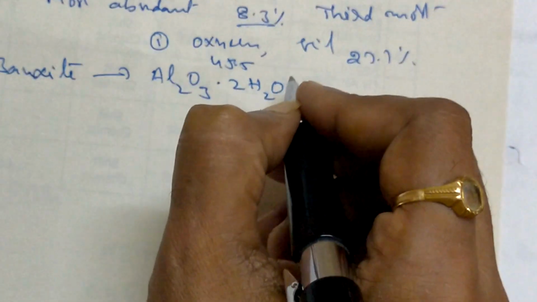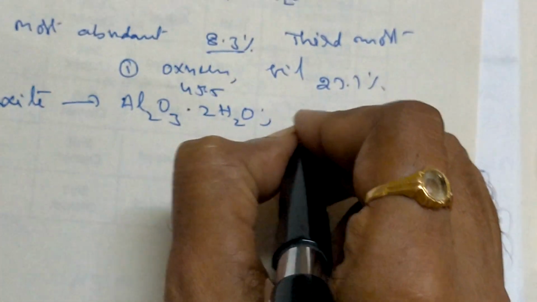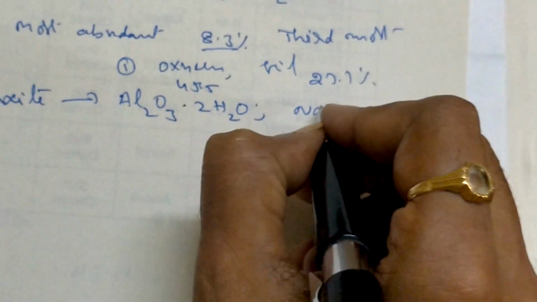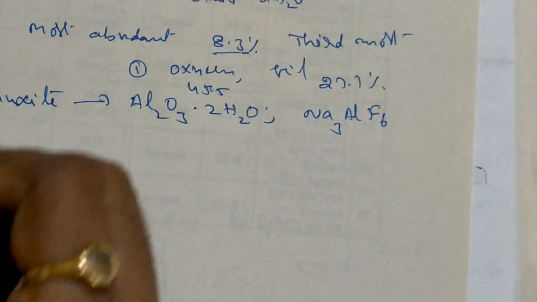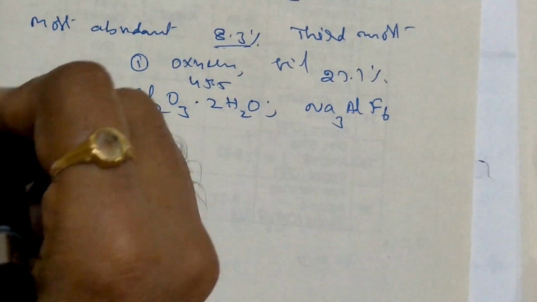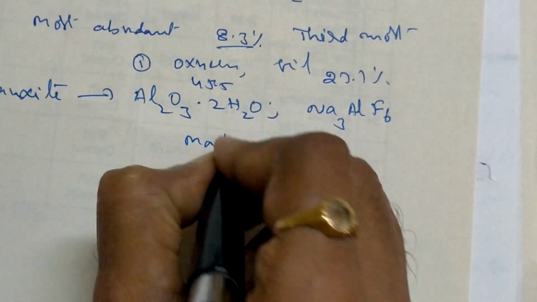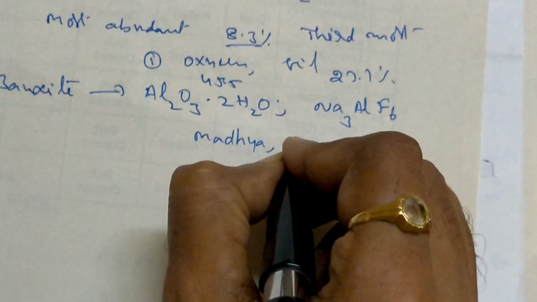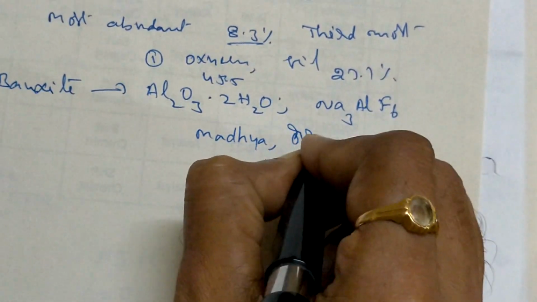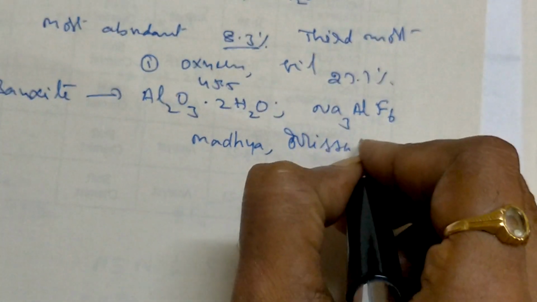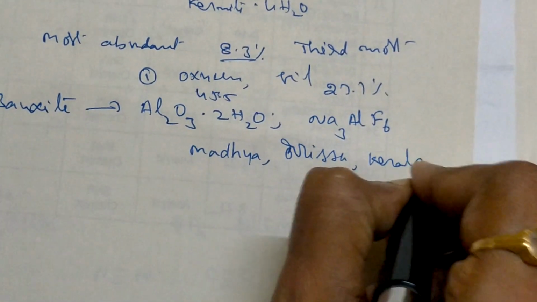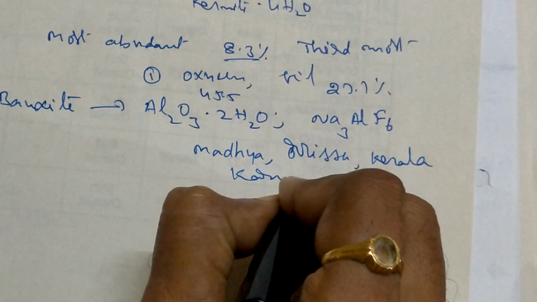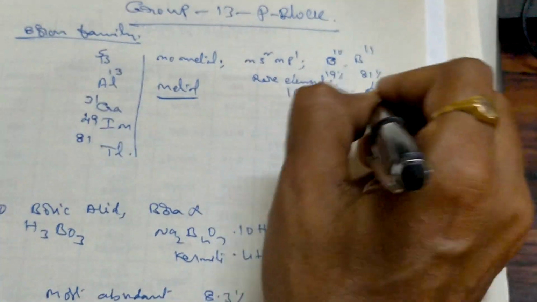And one more is cryolite, Na3AlF6, sodium hexafluoroaluminate. Its availability in India is at Madhya Pradesh, then Orissa, Kerala, Karnataka. Main boron is at Ladakh.